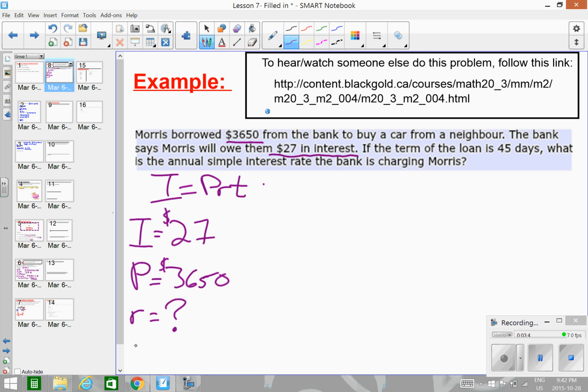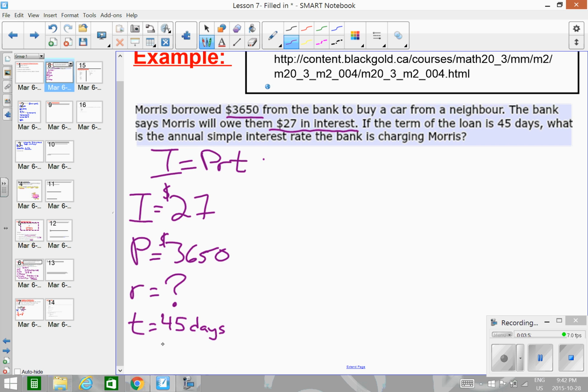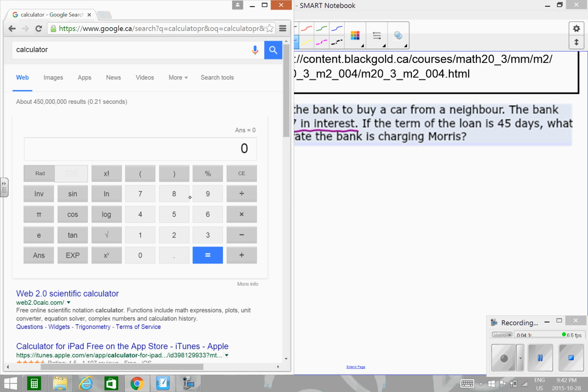And that means the time. The time was 45 days. But remember, time needs to be in years. So to change this into years, we're going to divide that by however many days are in a year. So we're going to go 45. To change that into years, there's 365 days in a year. 45 divided by 365 is 0.1232.